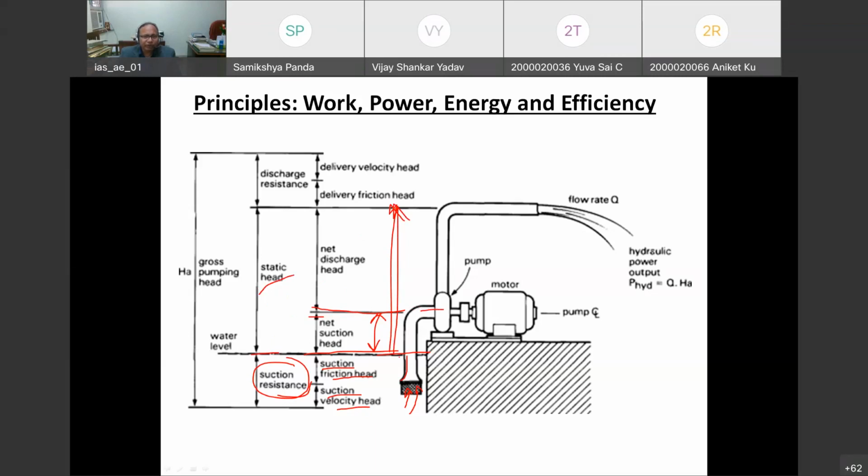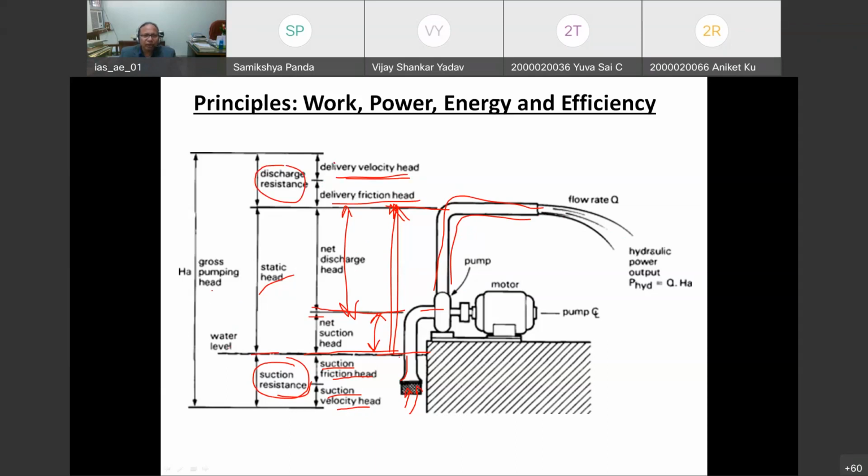From this place to the delivery side, it is called the net discharge head. In the discharge line again there is frictional resistance due to the flow, so we have the delivery frictional resistance, and water comes out with some velocity, so it has the delivery velocity head. Combined, it is called the discharge resistance.